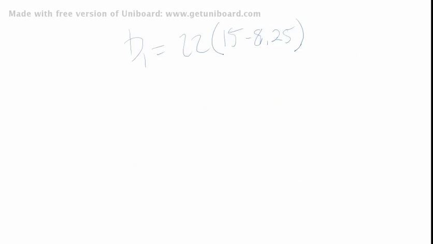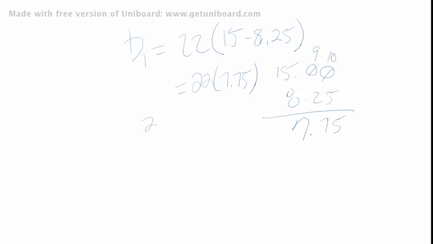So 15, we'll give it some decimals there, minus 8.25, this is going to be 7.75. So 22 times 7.75, we come over here, let's go ahead and add a decimal and make life a little easier.